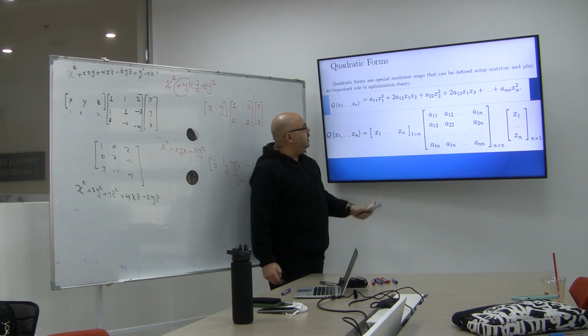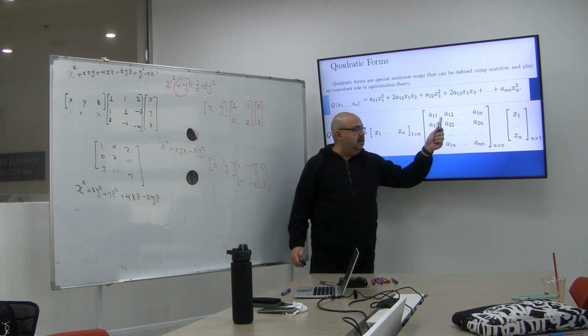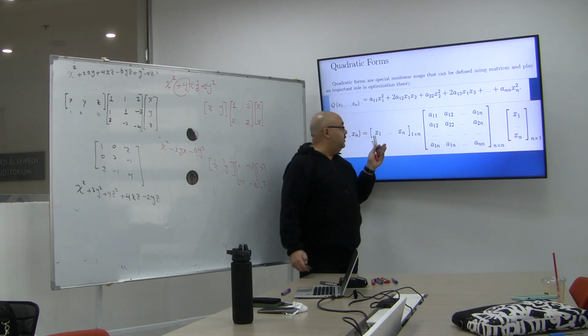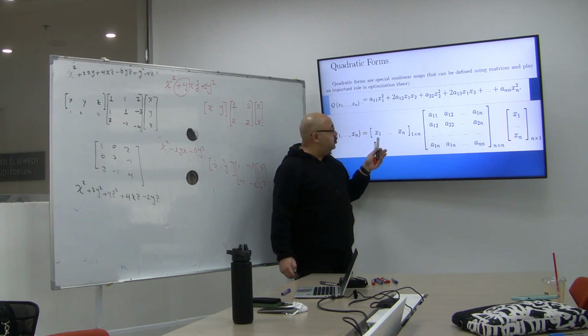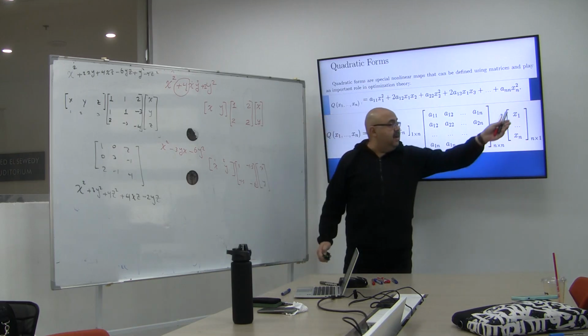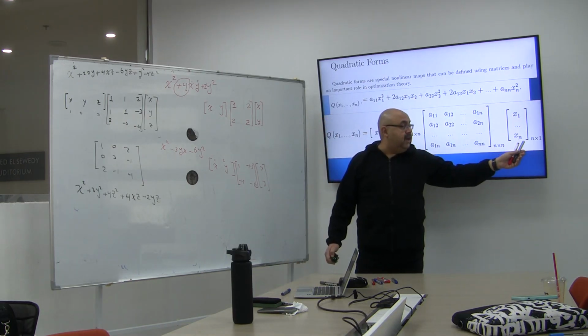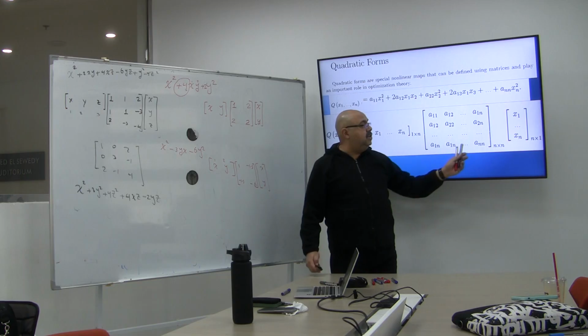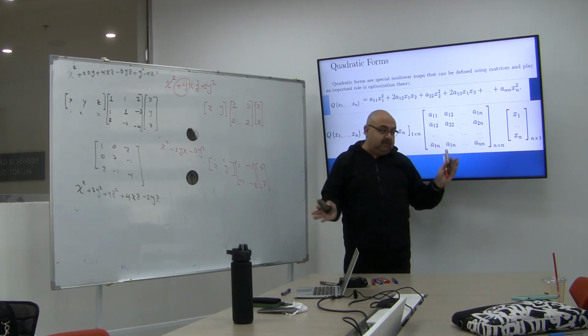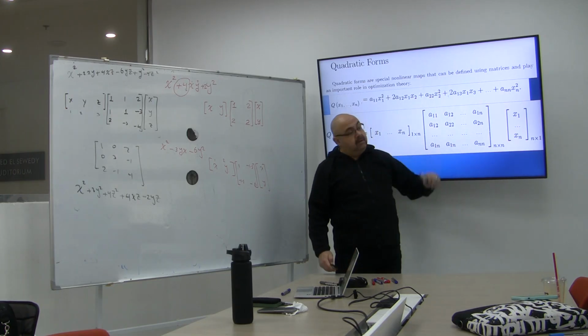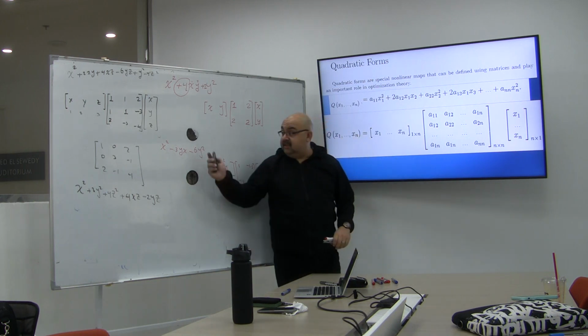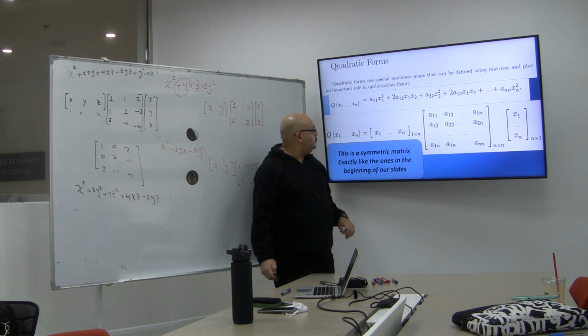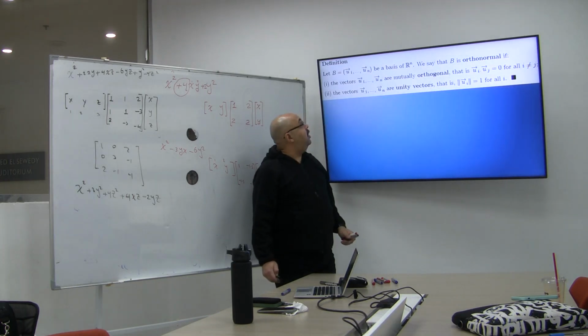So I can simply write the quadratic form as a row matrix containing the variables, times the matrix that contains the coefficients, times a column matrix also containing the variables. Multiplying all of them together, I will get my quadratic form exactly as we did. This is a symmetric matrix, exactly like the ones at the beginning of our slides.